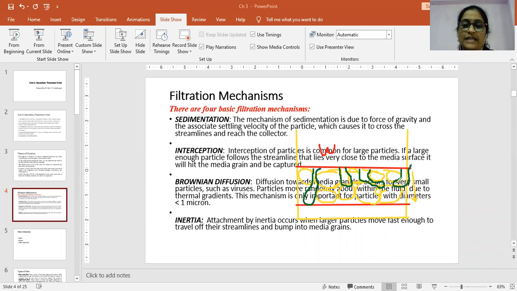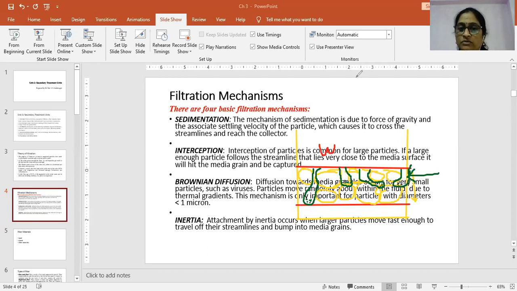And these tube-like structures are acting as a tube settler. That means the particles will settle down at the bottom of each tube, and then during flushing, everything will be collected at the bottom.